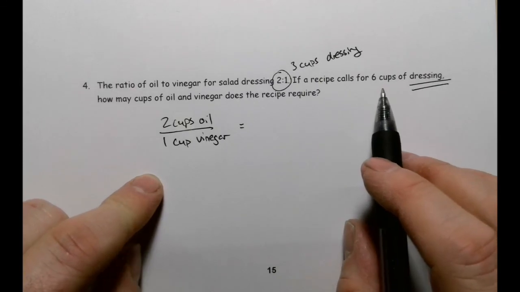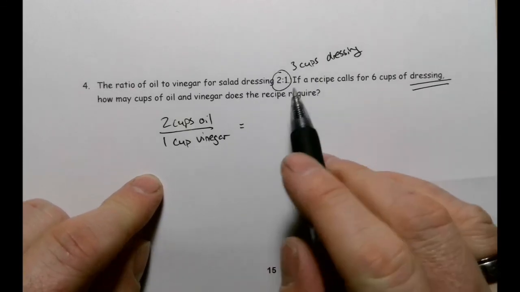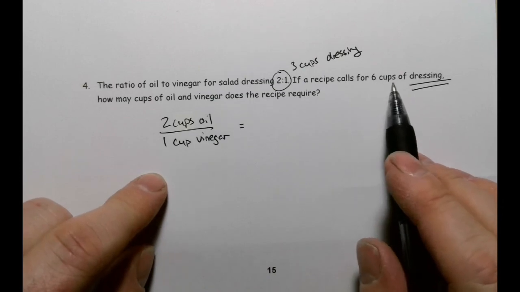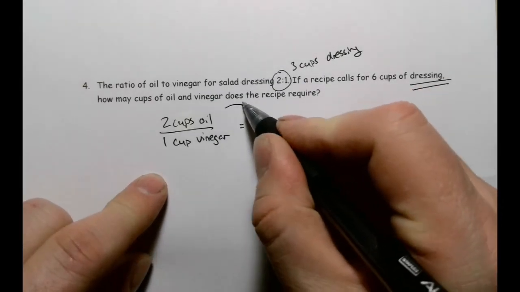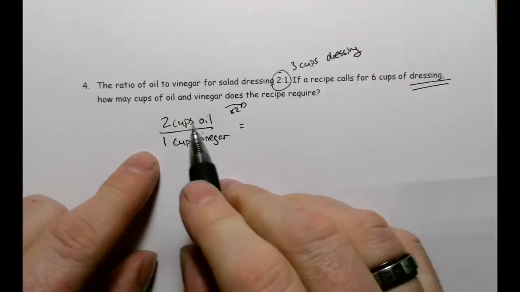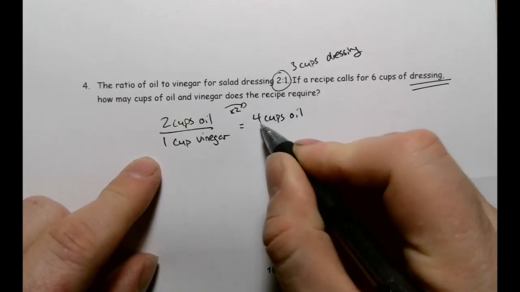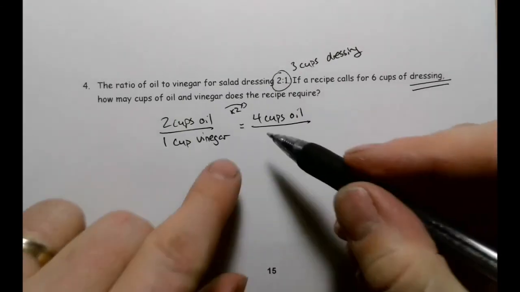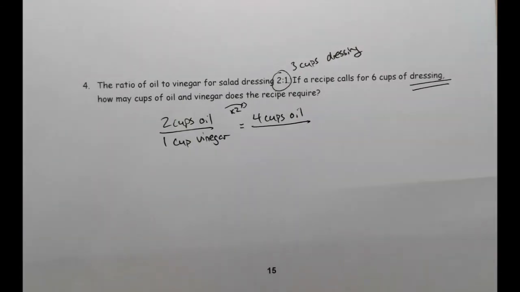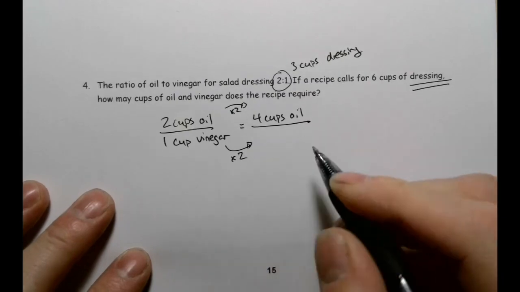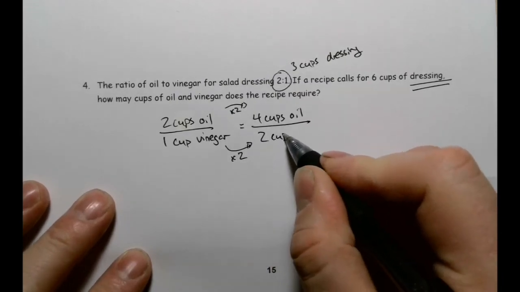So I'm going to multiply by 2. My 2 cups of oil become 4 cups oil. But remember, I want the ratio to stay the same. I don't want to change anything, so I'm going to multiply my denominator by 2 as well. So that becomes 2 cups vinegar. And that is exactly what the question is asking for: how many cups of oil and vinegar does the recipe require?